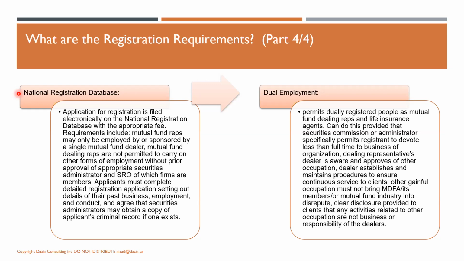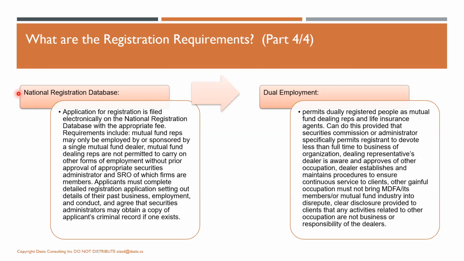You can only be sponsored through a single mutual fund company, and you're not permitted to carry on any other forms of employment without prior approval of appropriate securities administrators and SROs, of which firms are members.